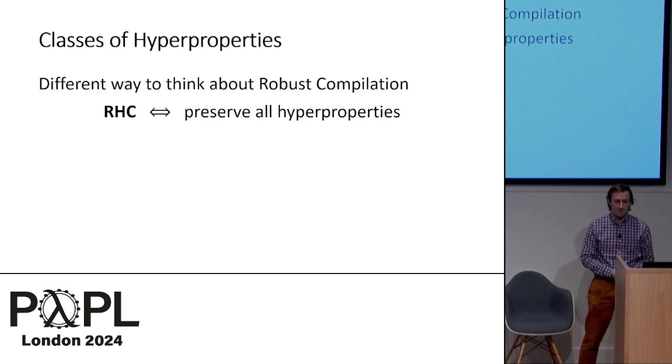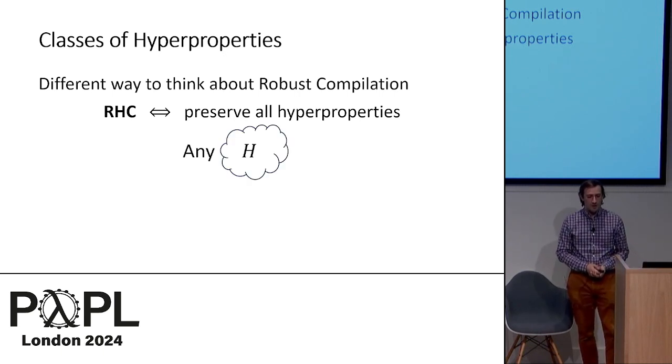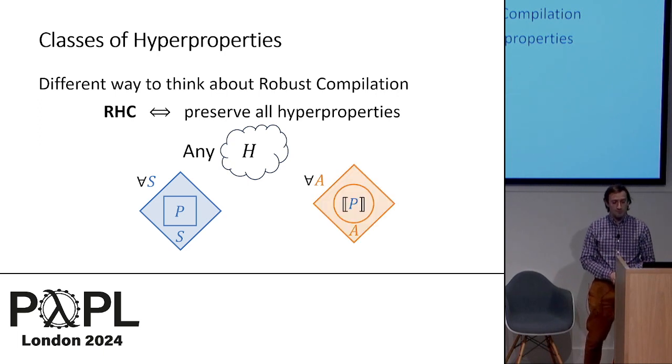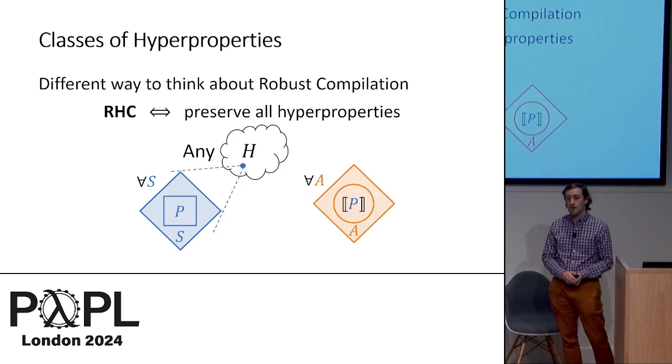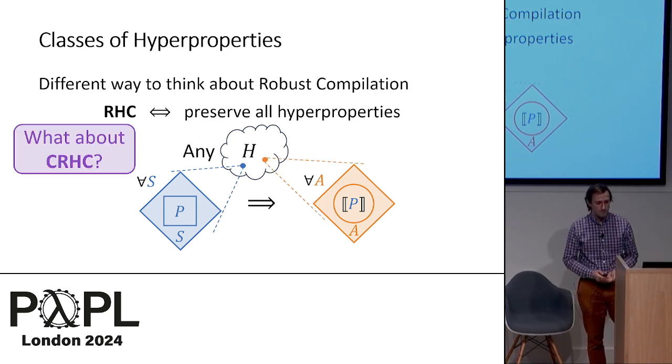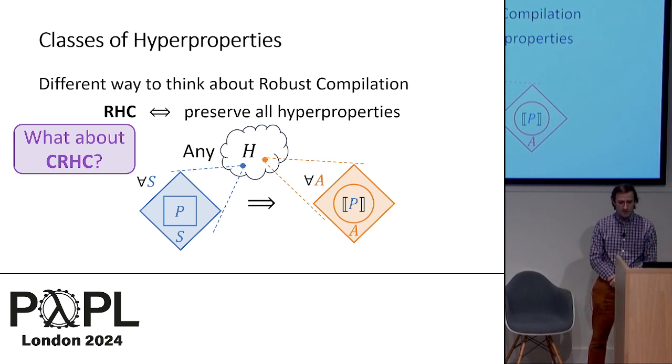What that means is that for any hyperproperty H, if the source program always has behavior in H, then the target program is also always going to have behavior in H. But what about the computationally bounded case?